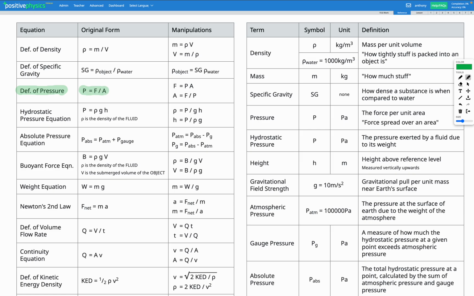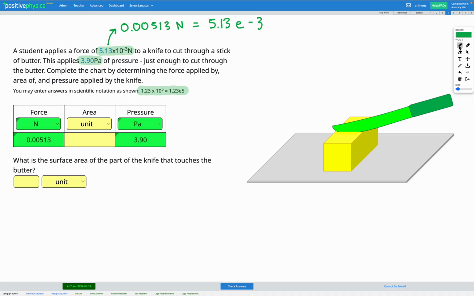Pressure equals force divided by area. So we've got pressure equals force divided by area. We're looking to find the area. Right now, area is on the bottom of our fraction. So I'm going to multiply by area on both sides of my equation, and that will cancel out there.